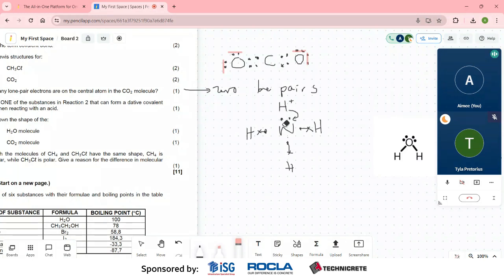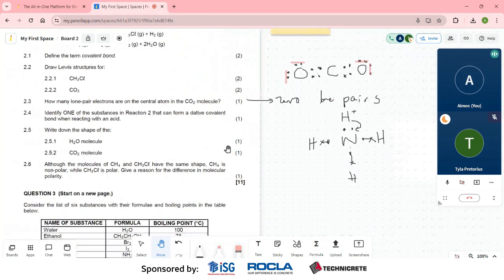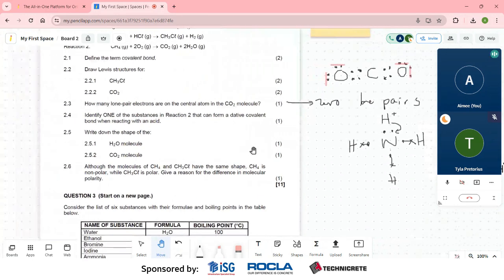It is just sharing the electrons that actually originally both belonged to nitrogen. Okay? So it says identify one of the substances in this reaction that can form a dative covalent bond.